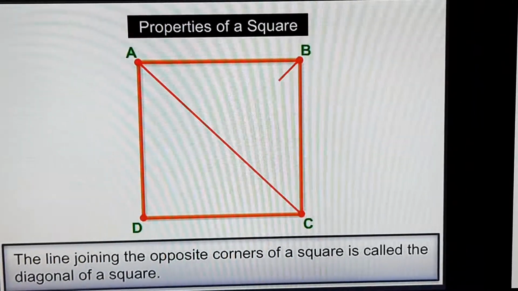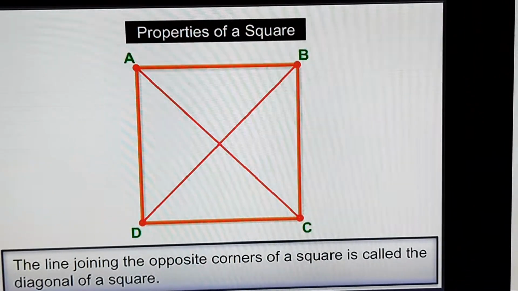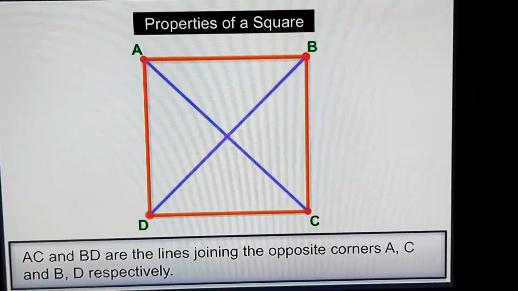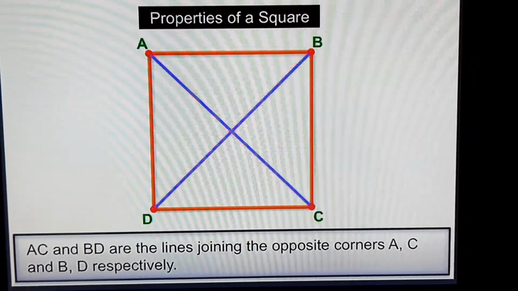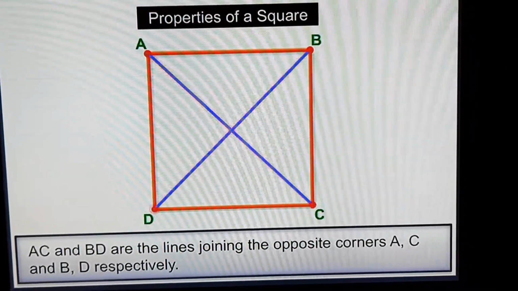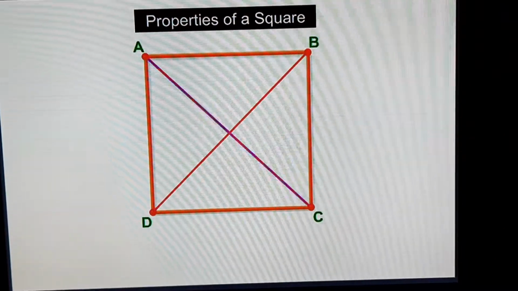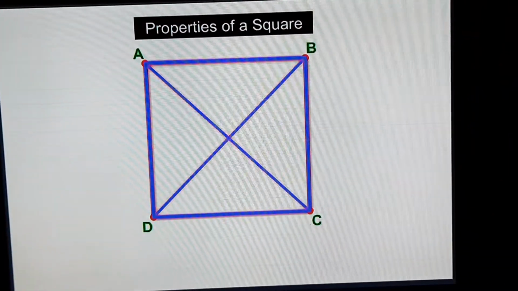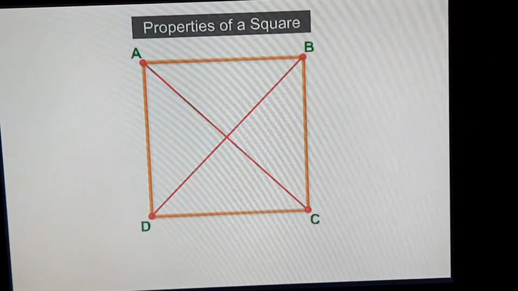The line joining the opposite corners of a square is called the diagonal of a square. AC and BD are the lines joining the opposite corners A, C and B, D respectively. So AC and BD are the diagonals of the square ABCD.